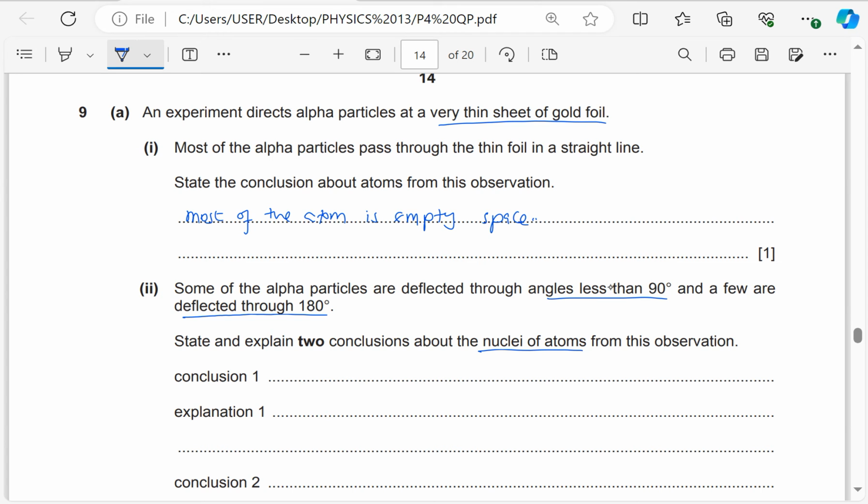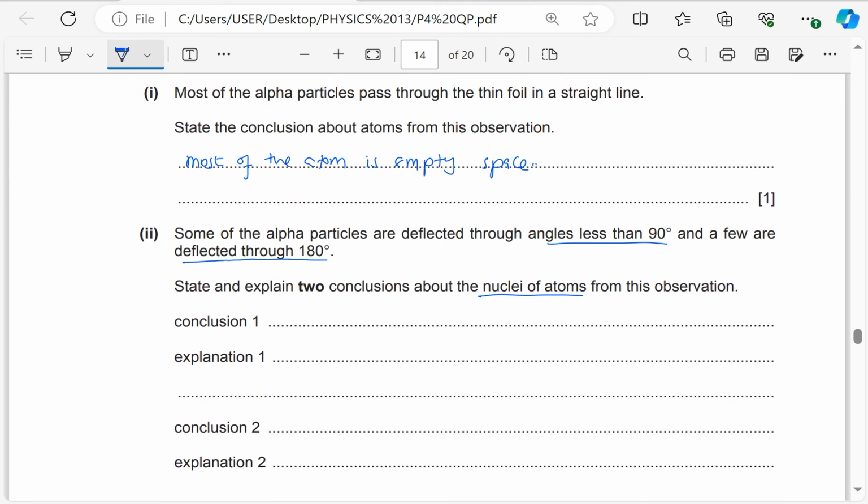So, a few are deflected because the nucleus is very small. And number two, deflected through angles of 180 degrees because the nucleus is positive. That's why we have this deflection.